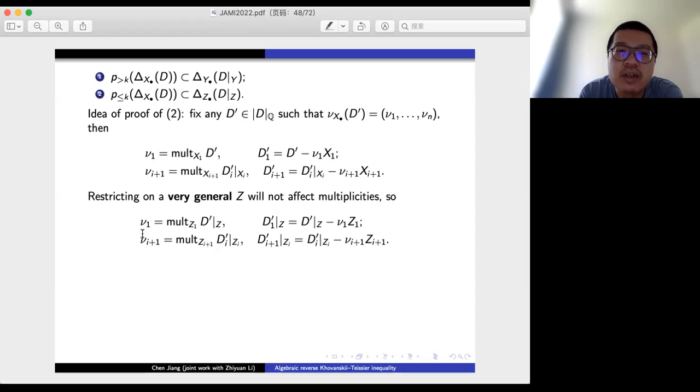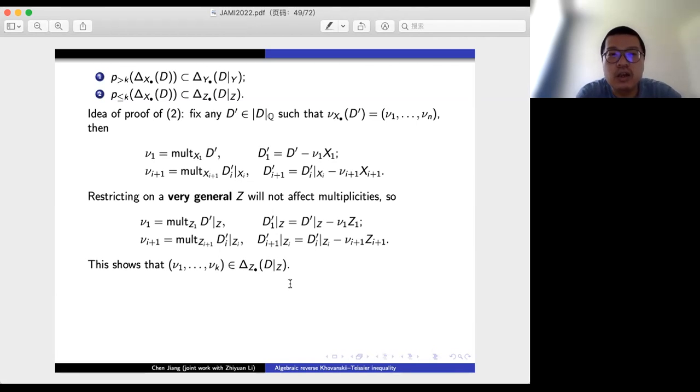So that means if we compute the values of D prime restricted to Z on the flag Z, it's actually just this nu1 to nuk. So that means that this nu1 to nuk is inside this Okounkov body.